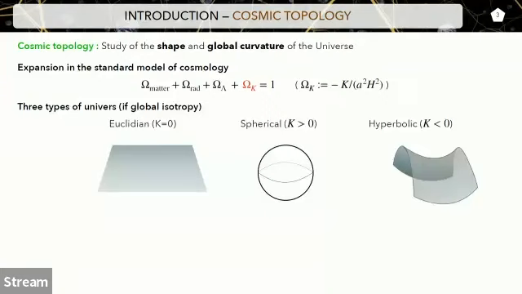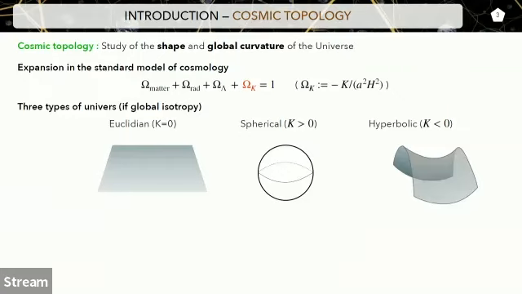In this standard model, this curvature parameter, omega k, enters into the equation for the expansion law, and as a function of the sign of the curvature, we have different expansion scenarios. I forgot to put the graphic here, but basically we have this really well-known graphic where, as a function of the sign of curvature, we can have a rebound, an acceleration, or just an infinite expansion like this.